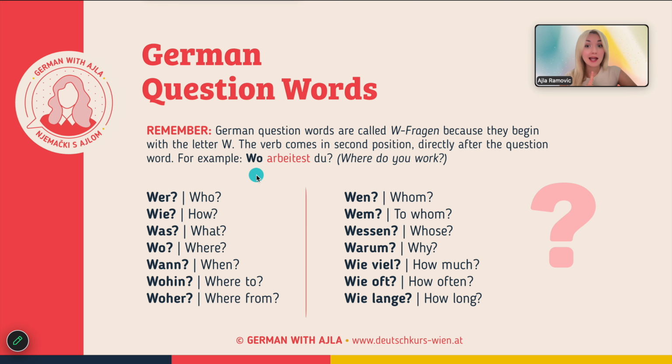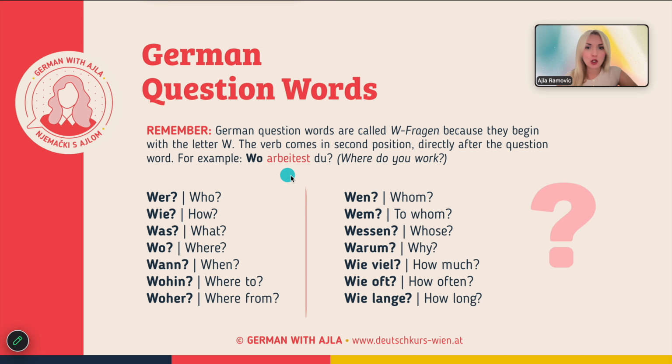Directly after the question word comes the conjugated verb, the activity of the sentence. In this case, it is arbeitest, like work. And then in third position comes du, which means you, which is the subject of our sentence, meaning the element who is doing the activity.